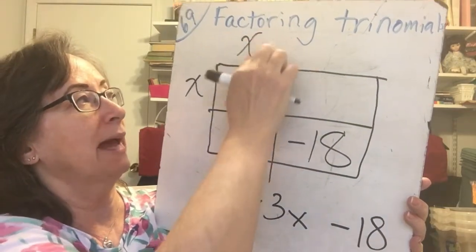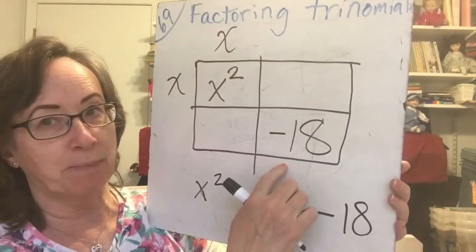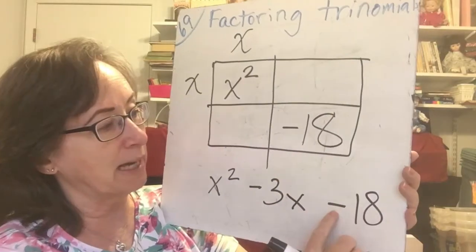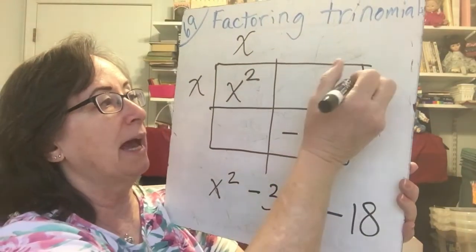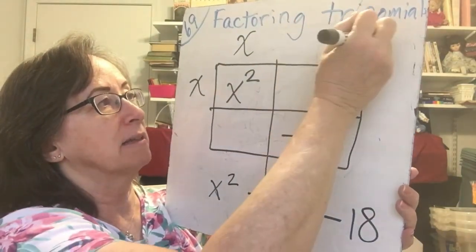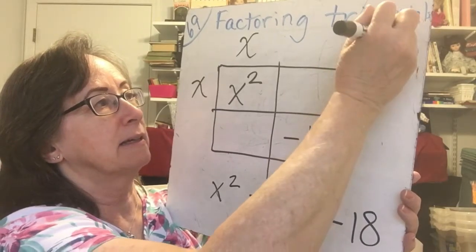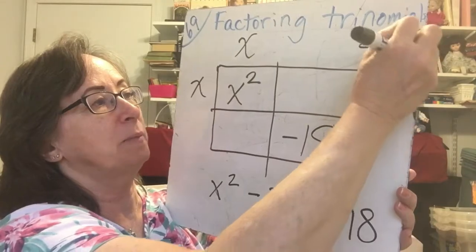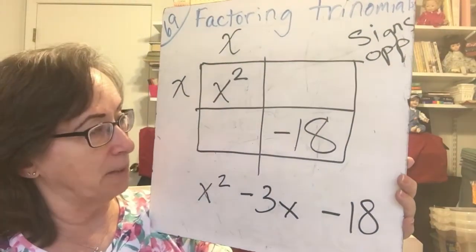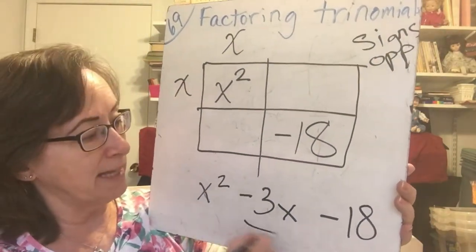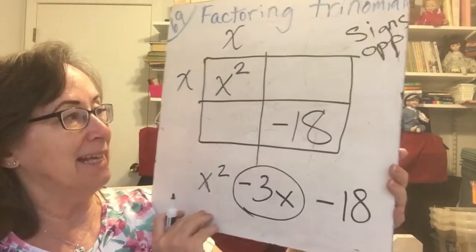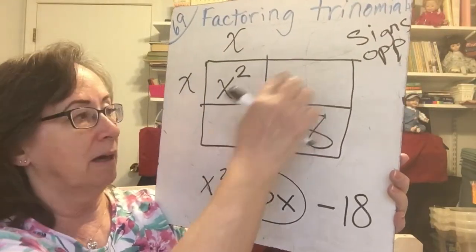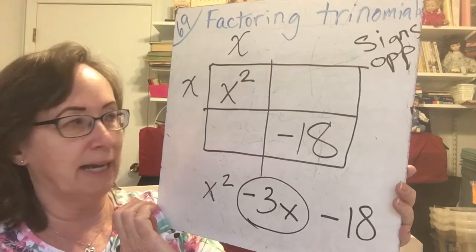So one of them has to be negative and one of them has to be positive. So I'm going to say because of this negative, we have opposite signs. One has to be positive and one has to be negative, okay? So this middle one is the sum of these two, right?